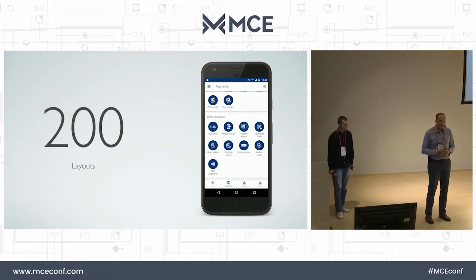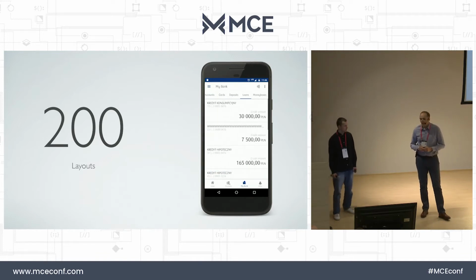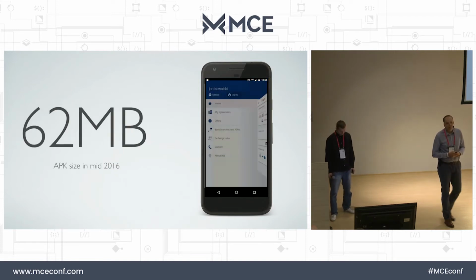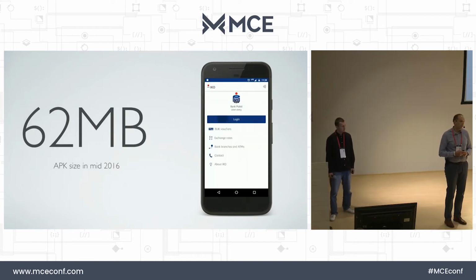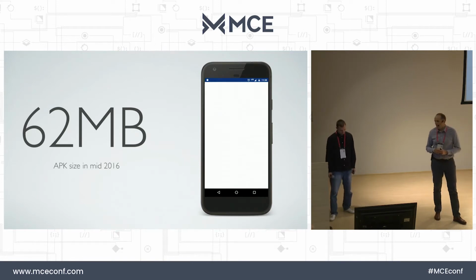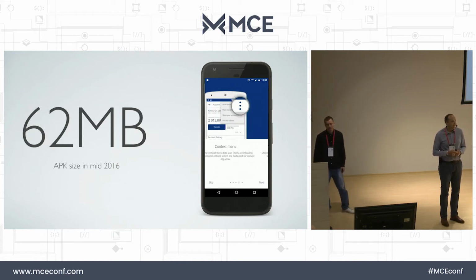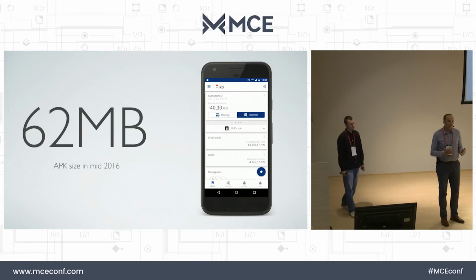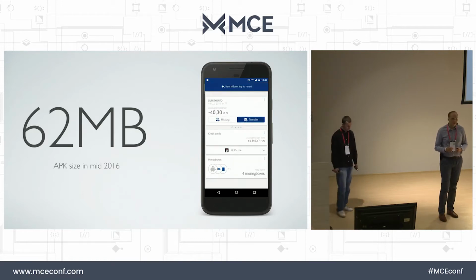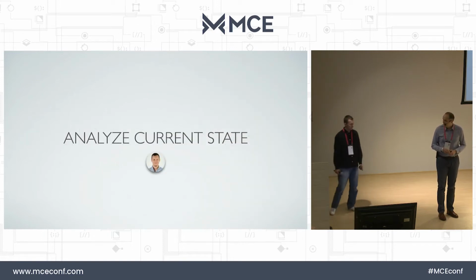It consists of around 200 different unique screens, I mean activities, fragments, layouts, and around a year ago, we had a moment when our app just grew up to 62 megabytes, and that was the moment when we started internally thinking what we are doing wrong with that, and maybe there are some things we could improve to slim it down. And so let's move back a year ago, and Jacek will analyze the current state.